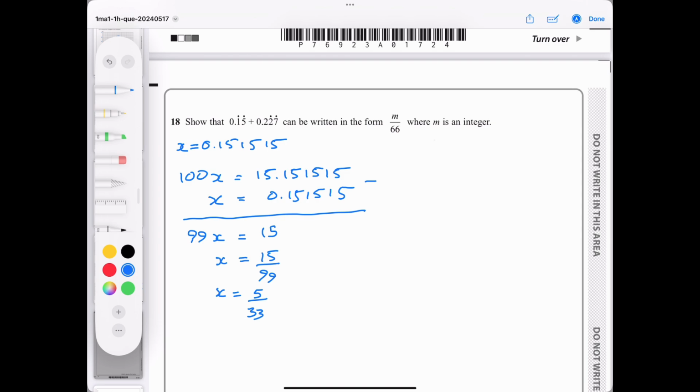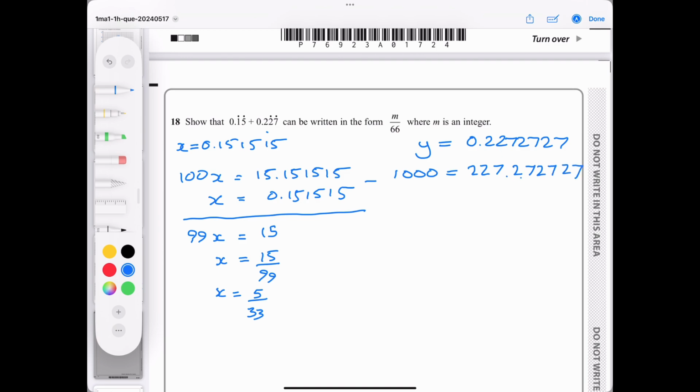Now let's make the other one y equals 0.2272727. Okay, you have to make sure you write this out correctly, otherwise you'll just get it completely wrong. Now I'm going to times that by 1,000, and the reason is that, so that's 1, 2, 3, it'll give me 227.272727.